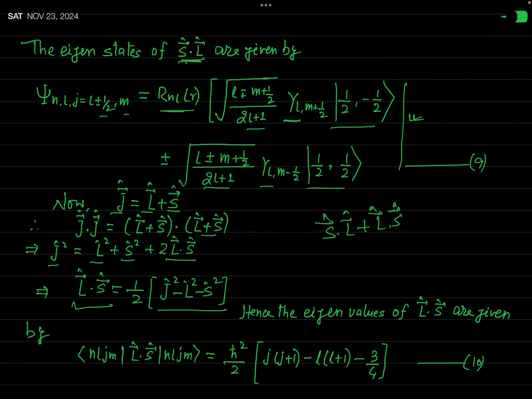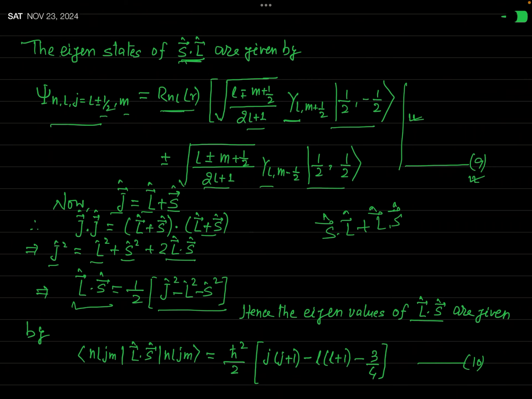Now you can find the eigenvalues of this L dot S. This equation 9 defines the eigenvector or eigenstate or eigenfunction for L dot S. Now we are going to find the eigenvalues corresponding to these eigenfunctions.